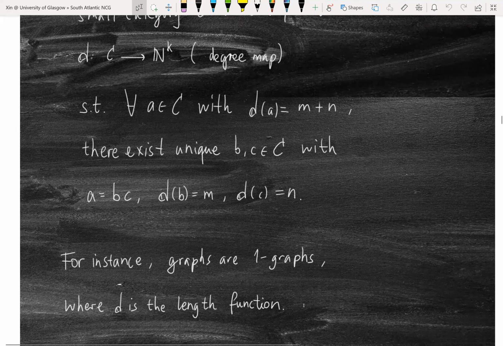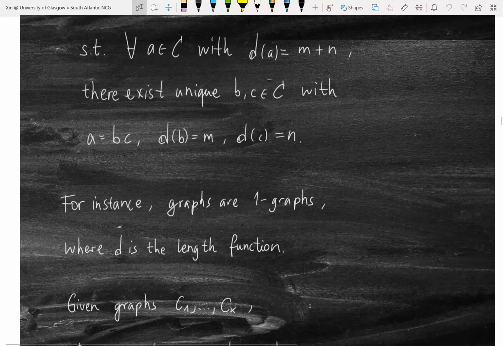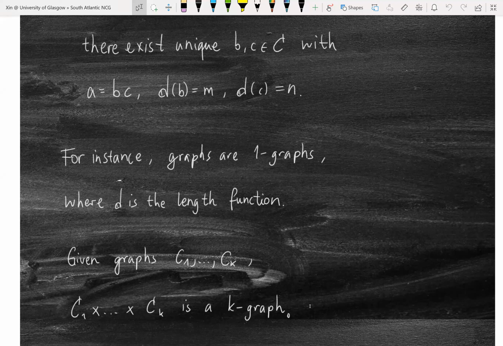And then it's clear that if you have a path of length m plus n, then you can write it as a concatenation of a path of length m plus a path of length n. You just split it up. And once you have this, there is an easy way to construct k-graphs for any k, because you can take ordinary graphs, take their finite paths categories, and just form the direct product. This would be a k-graph.